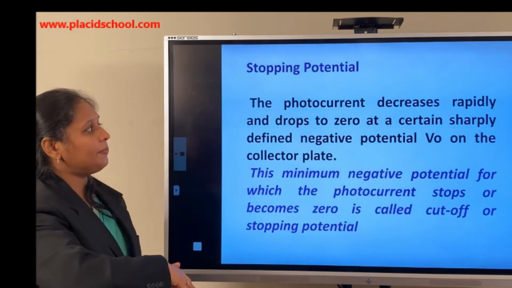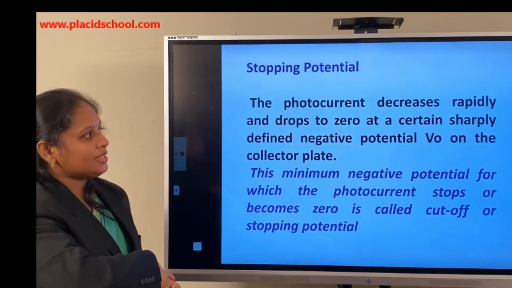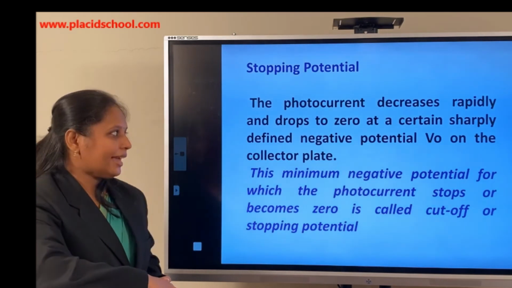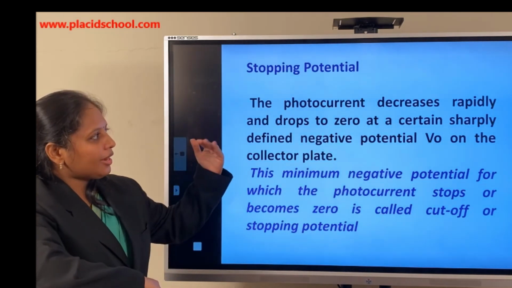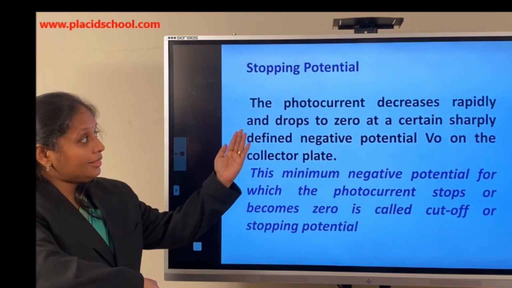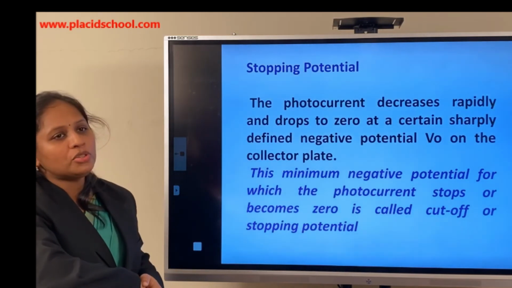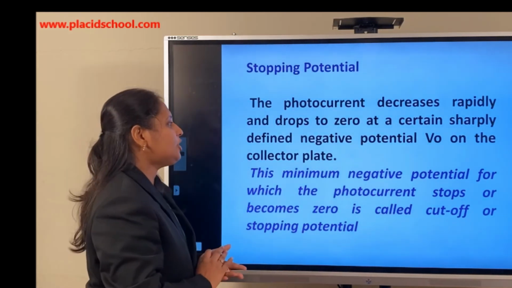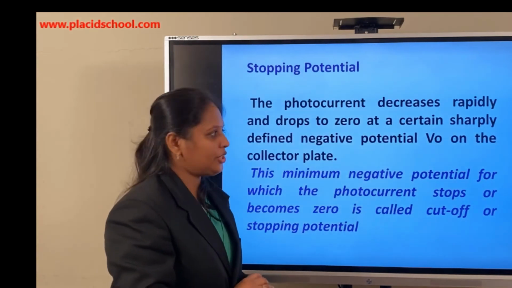Now when the collector potential was decreased or made negative, what happened? The photocurrent also decreases, but that decrease is very rapid and it drops to zero at a certain sharply defined negative potential V0.